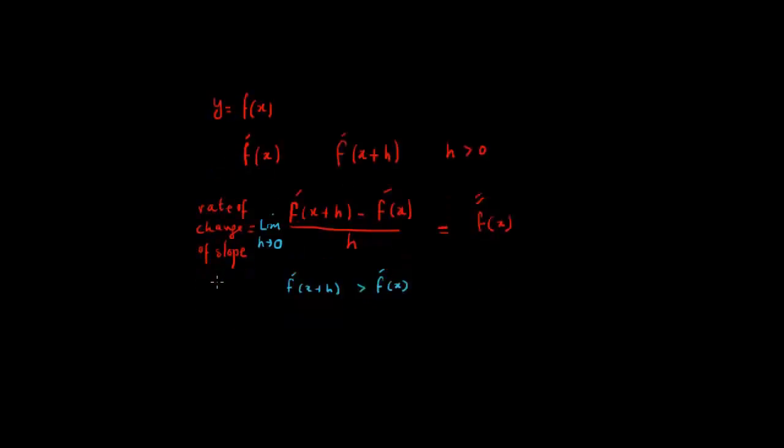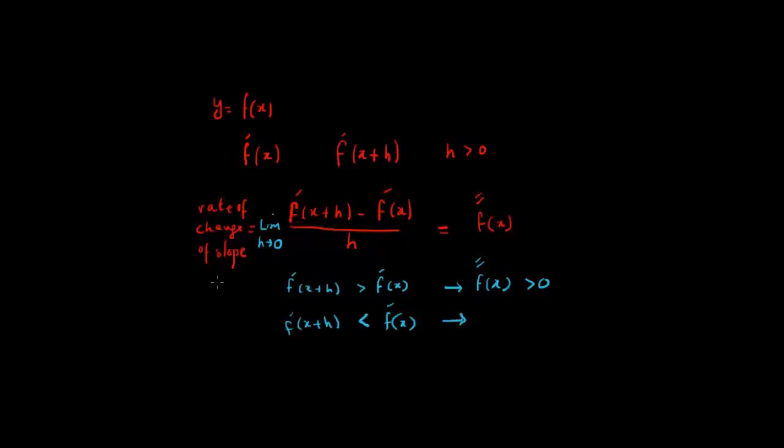And as we discussed earlier, if the slope at point x plus h, where h is a small positive amount, is more than the slope at point x, then we have a concave up function, and in that case that translates into f double prime of x greater than 0.